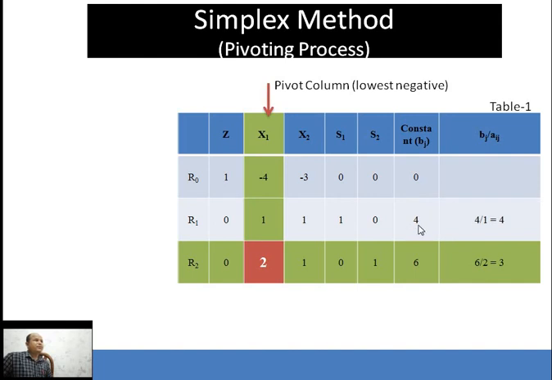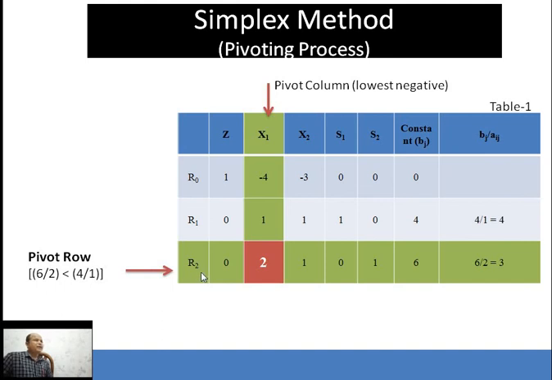Second is 4 divided by 1 equal to 1. 6 divided by 2 equal to 3. So out of these, 3 is the minimum. Corresponding to this, we get this row, this R2 row, which is called the pivot row.